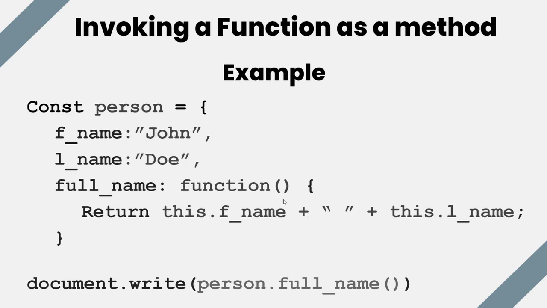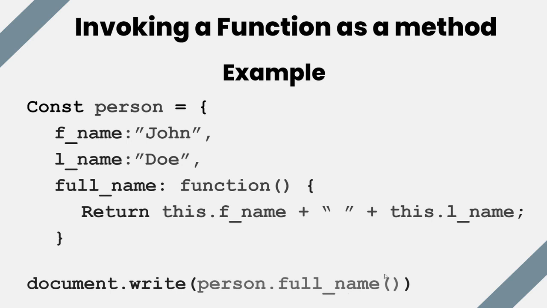Here we concatenated it using the plus symbol with a space, that's this double quote here, and we also concatenate this with the l_name, which is Doe. So on this last line, when we have our document.write, this would return the person object itself, then dot fullName, which is a key name.